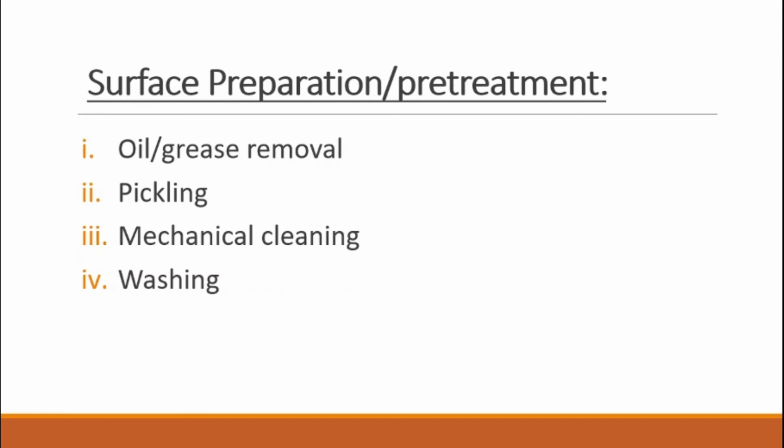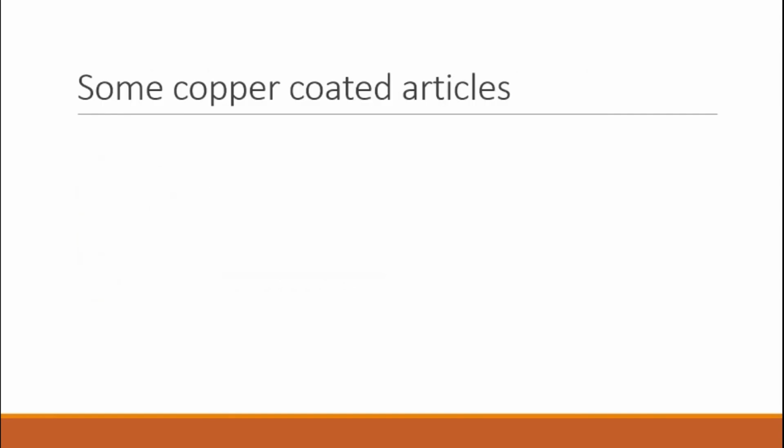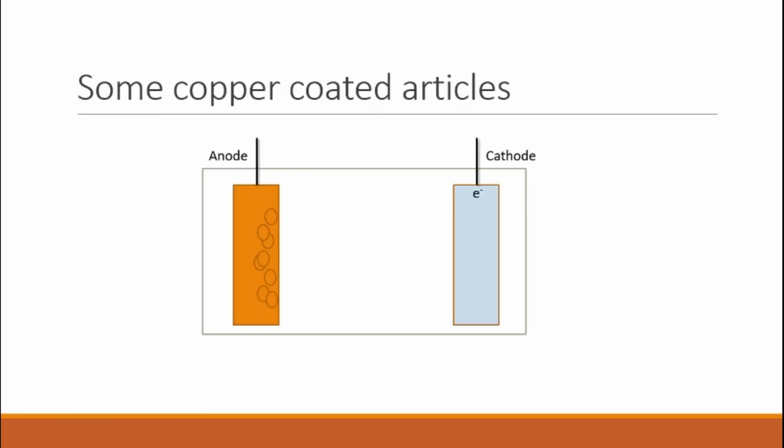Once you do this, you have your article deposited. I'll take some example for that. Let us say what happens when copper is coated on the articles. So this we have already understood in the previous slides, where the copper atom at the anode loses electrons, gets converted into Cu2+ ions, and at the cathode they accept two electrons, get reduced to copper atoms and get deposited there.